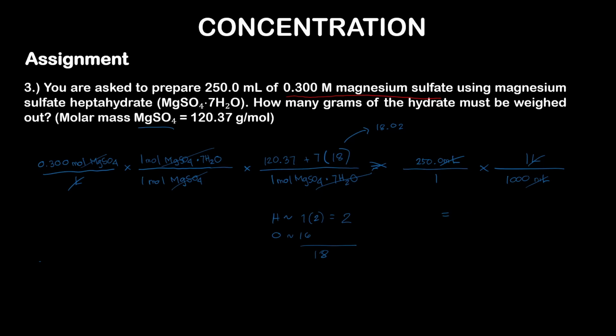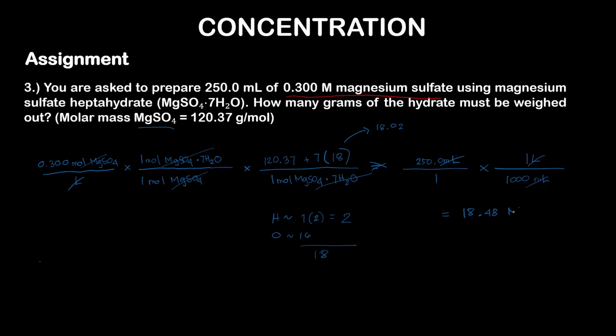So let's see. 0.300 times 120.37 plus 7 times 18, times 250 over 1000. That gives 18.48 molar.